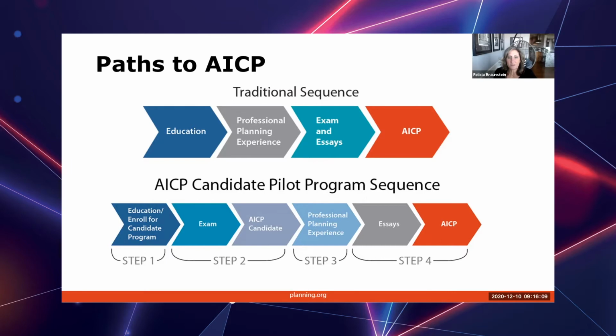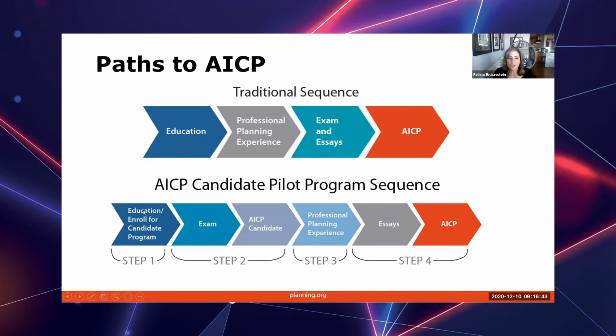The big difference with the candidate program is that in the traditional sequence you need to have completed your professional planning experience to start the path to certification. For the candidate program, which you would be eligible for, you need to be a student or graduate of a Planning Accreditation Board certified program.